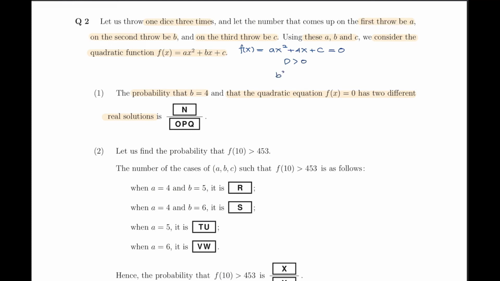The formula of the discriminant is b squared minus 4ac greater than 0. b is 4, 4 squared is 16, minus 4 times a, we still do not know the value of a, so just write it as a, and then times c, which we also do not know, greater than 0.